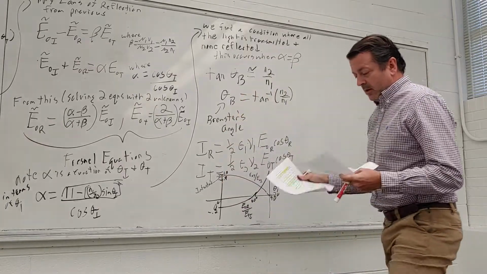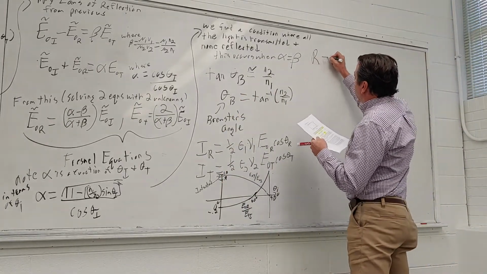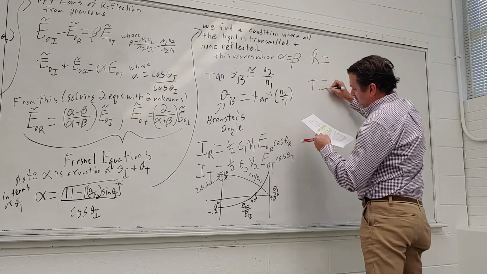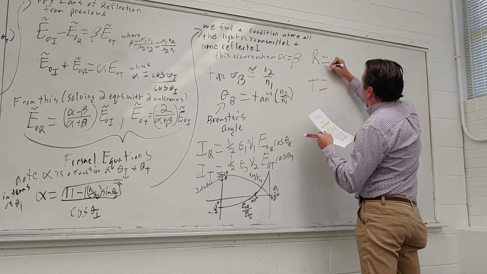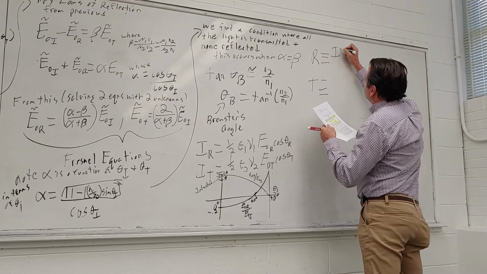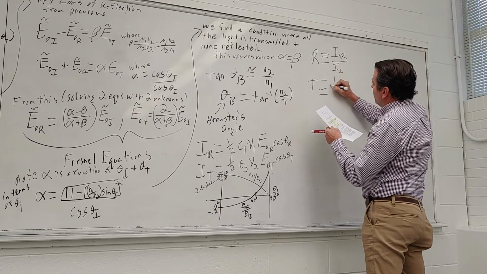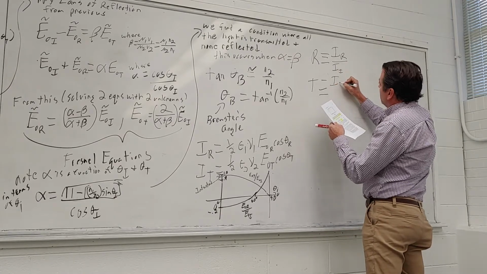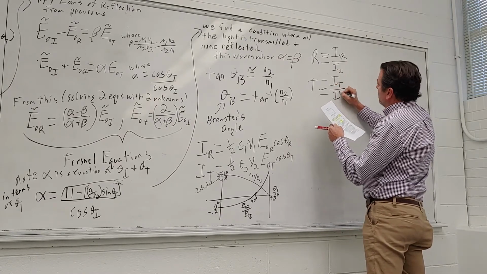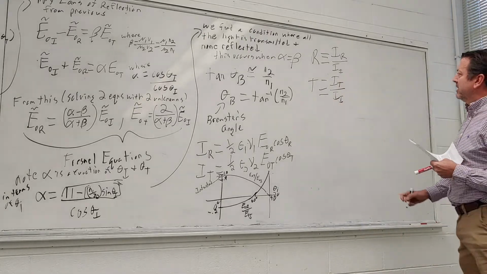Now, I do want to look at, of course, the reflection and transmission coefficients. Remember, those are defined as the reflected intensity over the incident intensity, and the transmission is the transmitted intensity over the incident intensity.